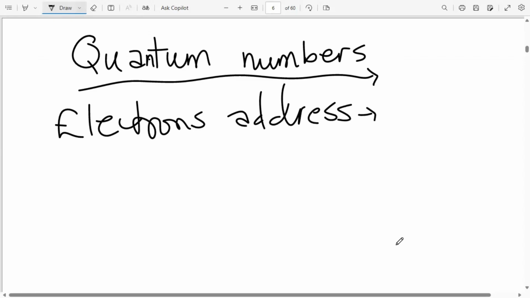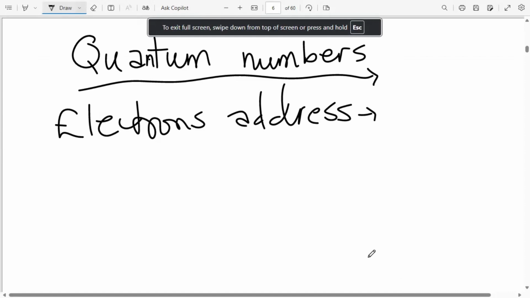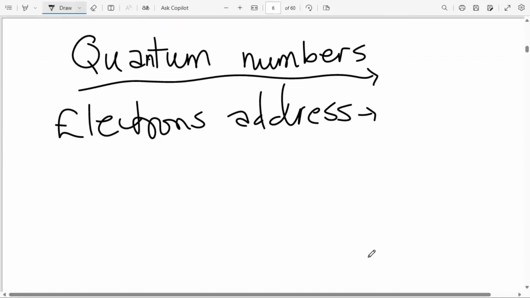How are they going to do that? It's because they are just a set of unique values that describe precisely the properties and behavior of an electron within an atom. Those are what we call quantum numbers. They give us the exact position of an electron in an atom.